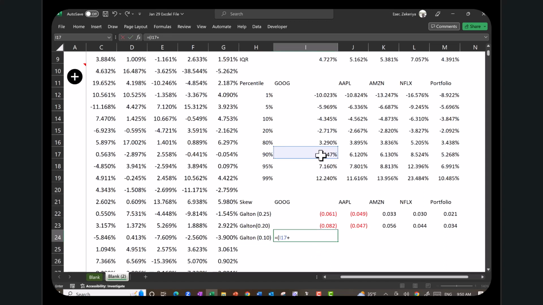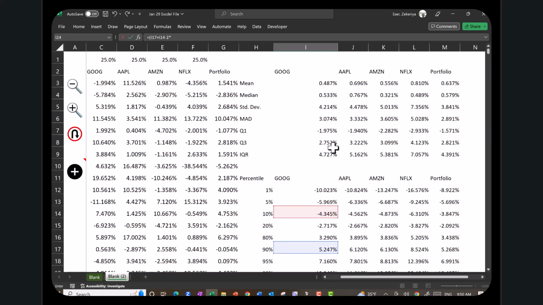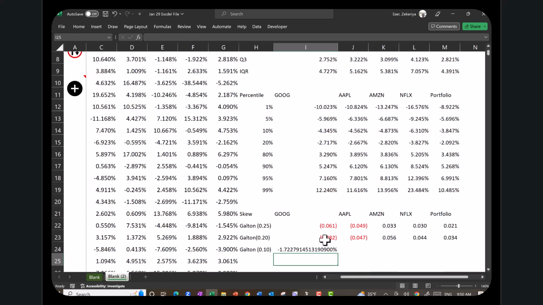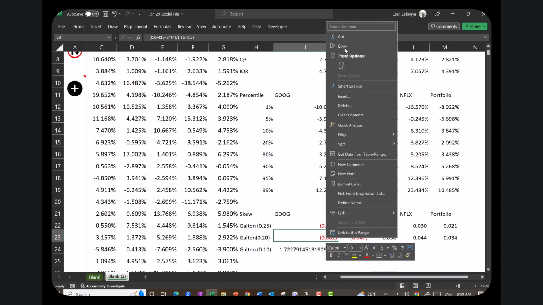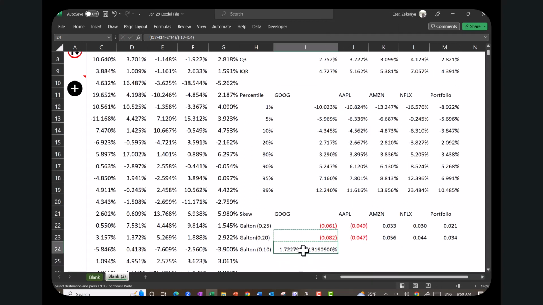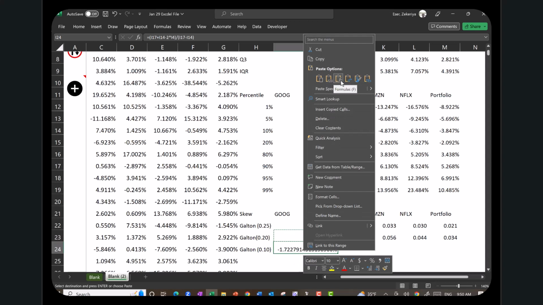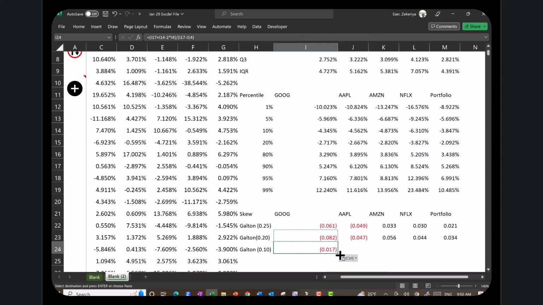The 90th percentile plus the 10th percentile minus 2 times the median, divided by the 90th percentile minus the 10th percentile, the so-called interdecile range. Okay.